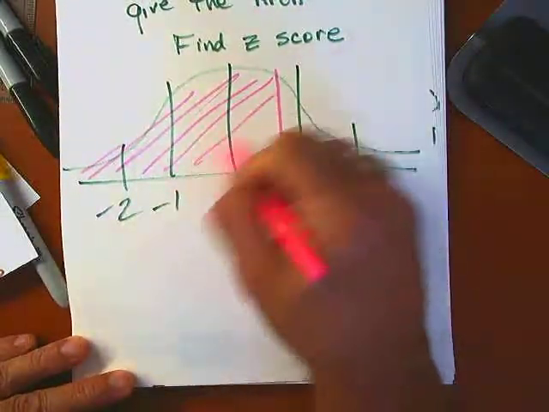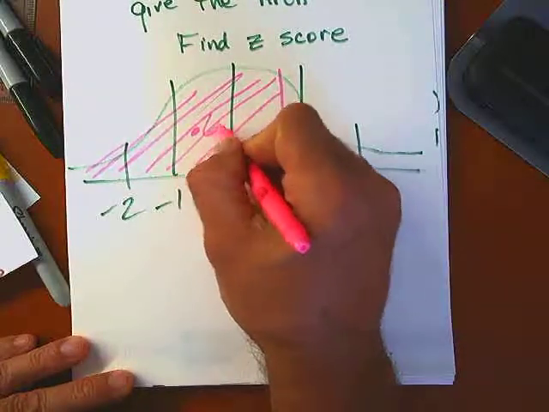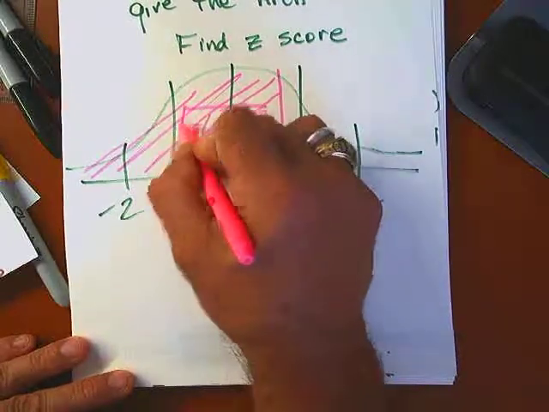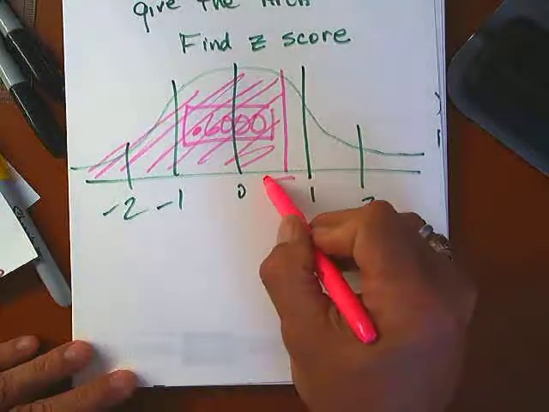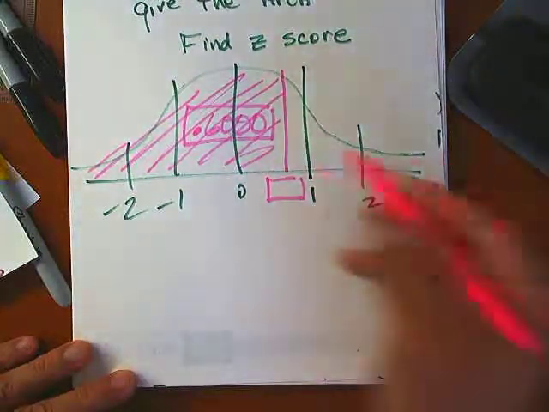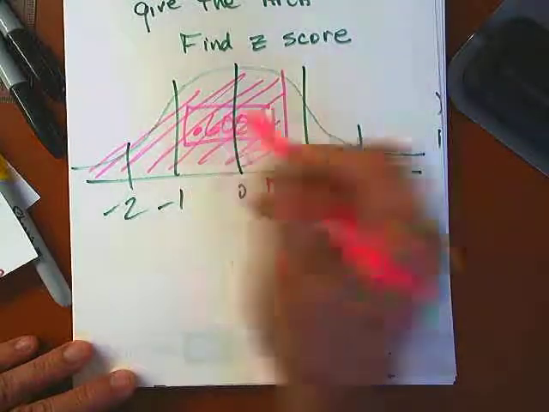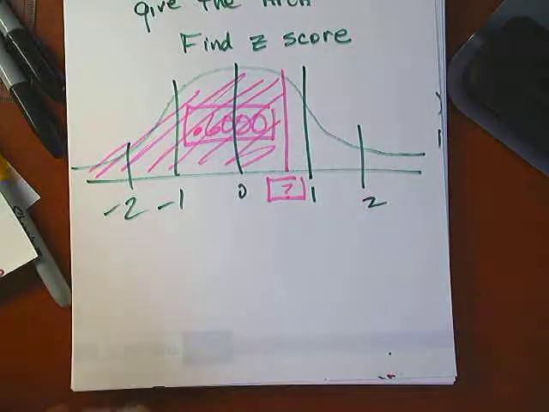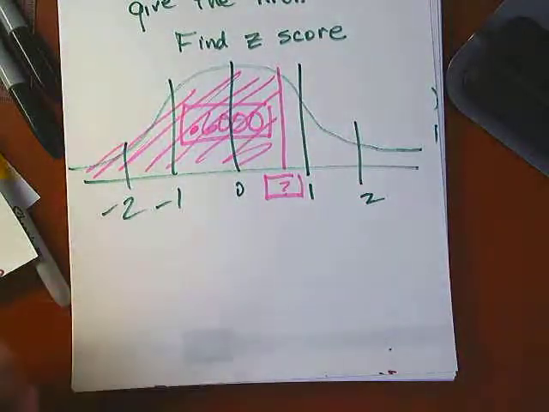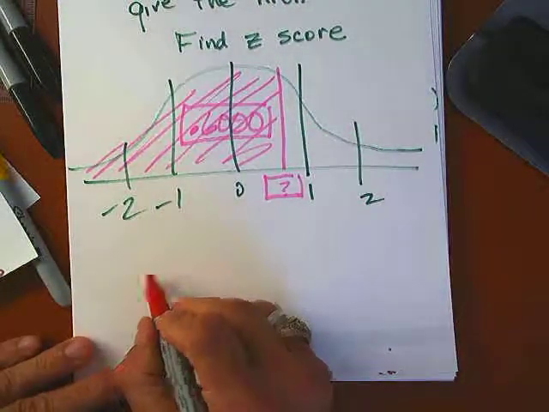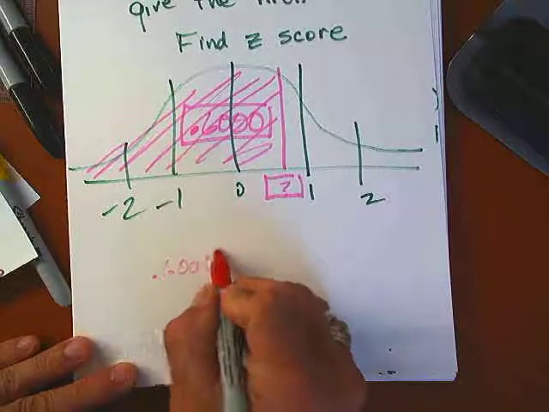Now, one other thing in 6.3 they may do, and 6.2. In 6.2 and 6.3, they may give you the area and you find the z-score. And that just goes backwards.